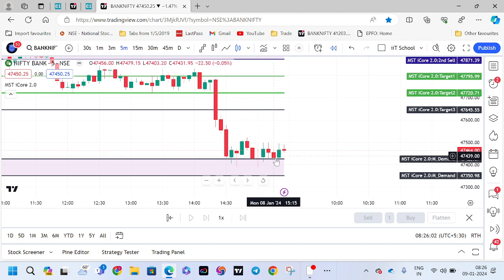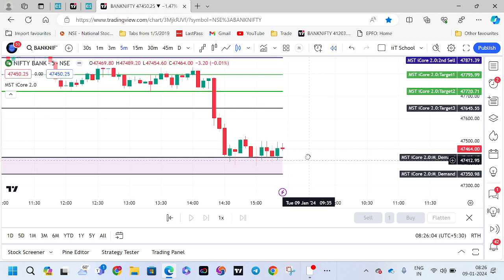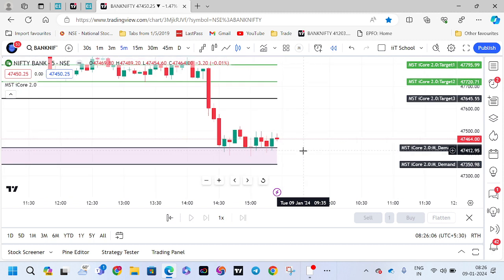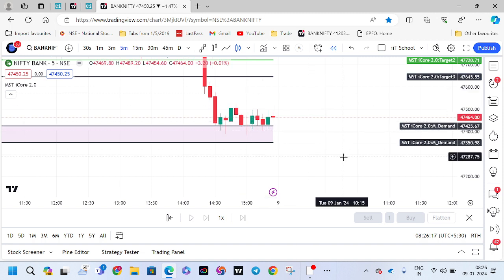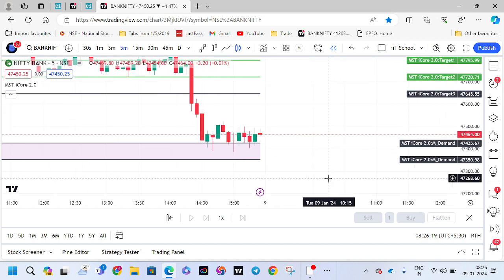And today, 9th January, if the market goes beyond 47,350, then we can expect more fall. Otherwise, from here we can expect 47,645. That is around 200 points the market has to reverse if it opens above yesterday's close.